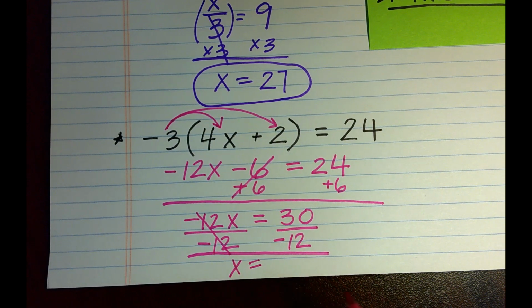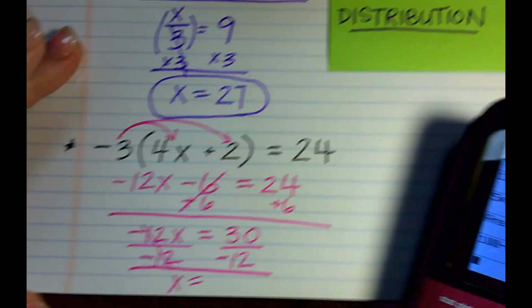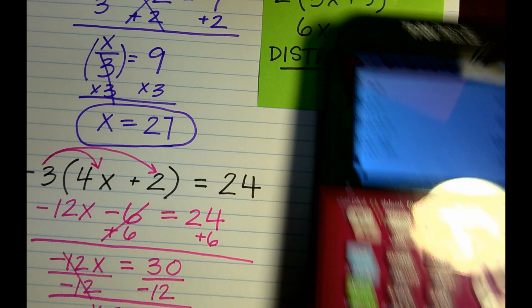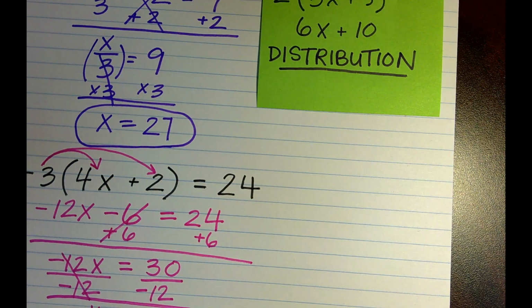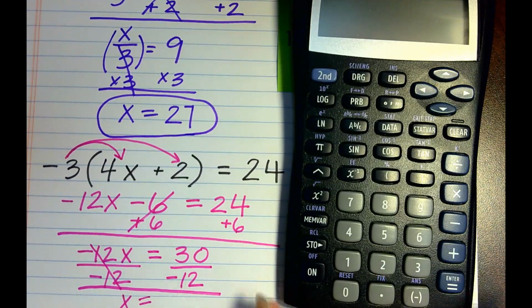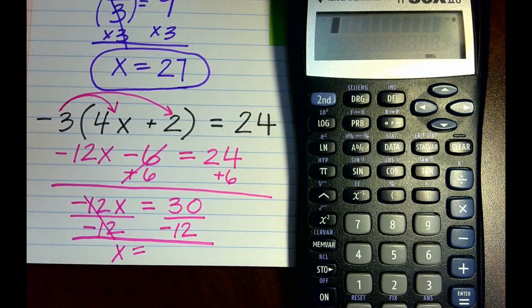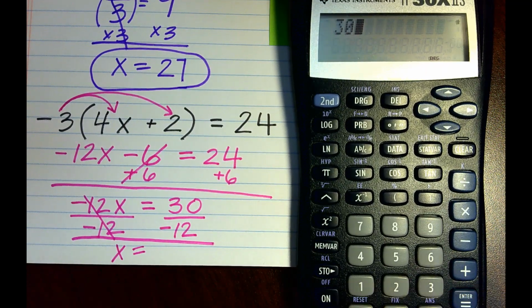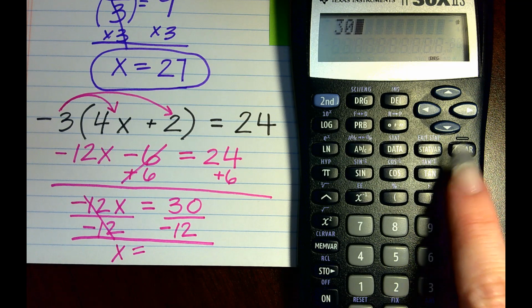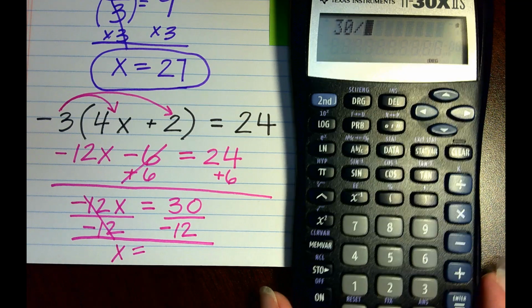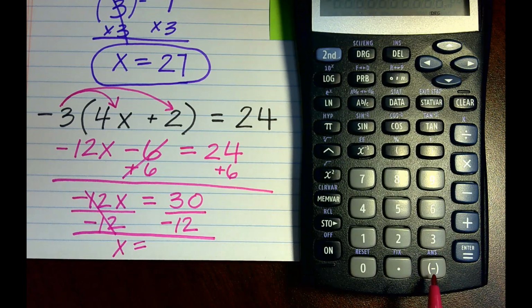2.5. So 30 divided by negative 12, you said it's 2.5? Yeah. Okay. Now, if you didn't know how to do that, I'll show you on a calculator that you guys have at your table, just in case. If you want to type a negative number in, you can do 30 divided by, the negative sign is right here at the bottom, right next to the equal sign.